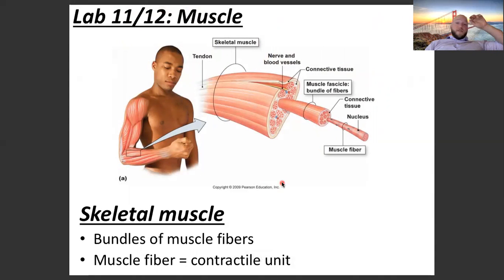Muscle. So muscles are actually kind of similar in arrangement in the sense that they're bundles of individual fibers. Bundles of individual fibers. And each muscle fiber is a contractile unit.